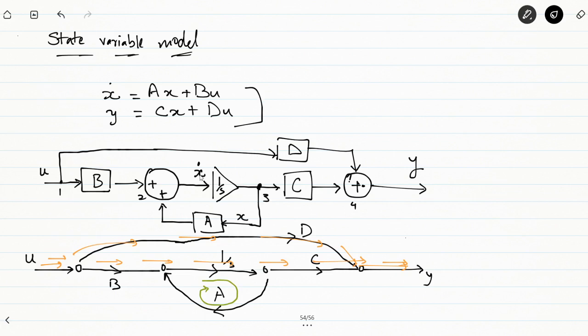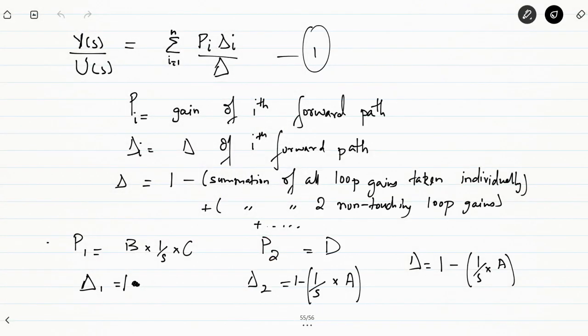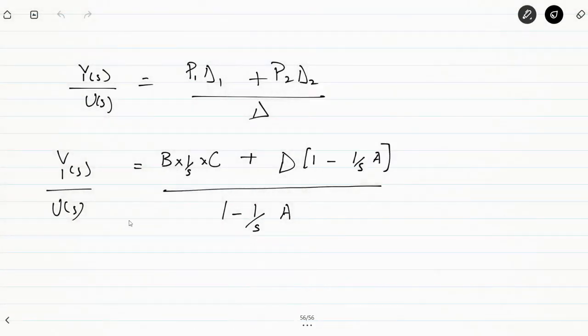We obtained the block diagram from those state variable models and converted that into a signal flow graph. Now we know how to solve a signal flow graph using Mason's gain formula, that's sum of pi delta i by delta. So ys by us comes out to be b into 1 by s into c plus bd into 1 minus 1 by s times a, divided by 1 minus 1 by s times a.